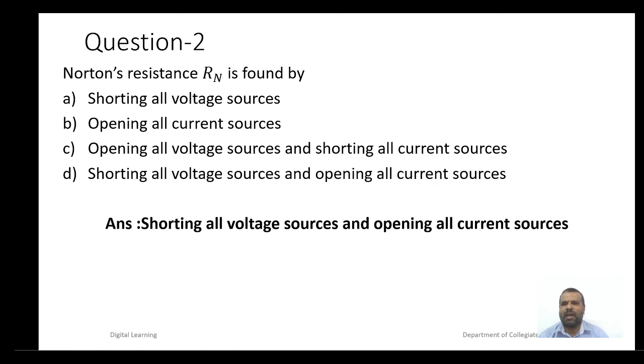Norton's resistance Rn is found by, the options are A, shortening all voltage sources, B, opening all current sources, C, opening all voltage sources and shortening all current sources. Option D, shortening all voltage sources and opening all current sources. The correct answer is shortening all voltage sources and opening all current sources.